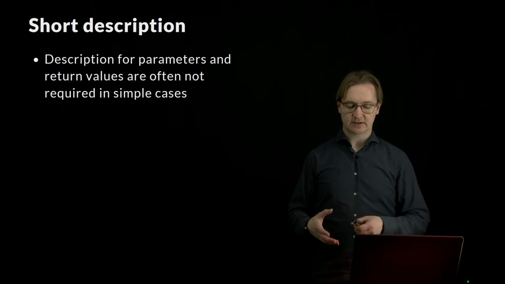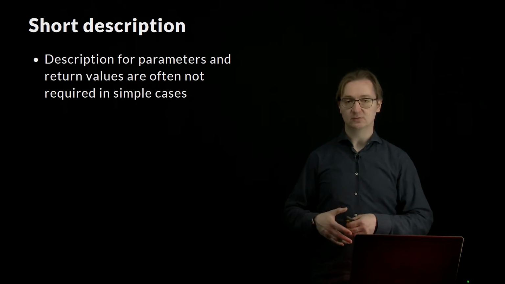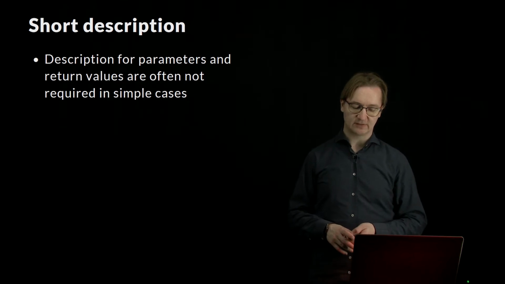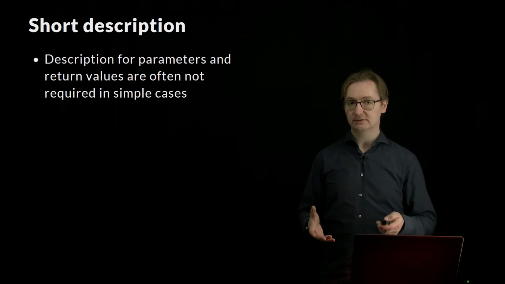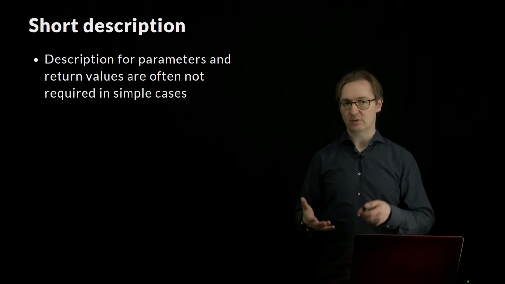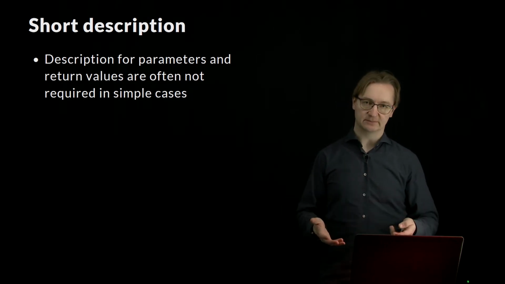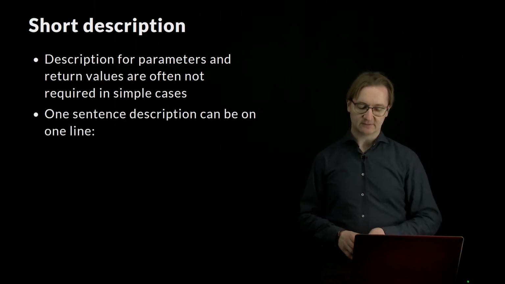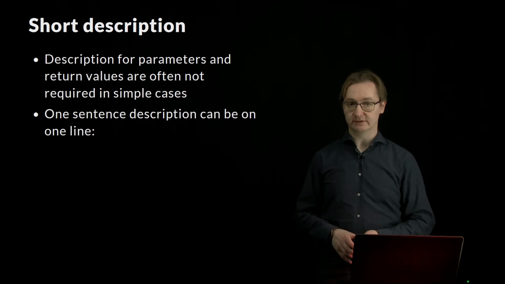Now in certain cases we can use a short description. For example, parameters and return value are often not required in simple cases, or not required in the sense that you have to describe them. They are self-explanatory. In this case we can write the description in one line.